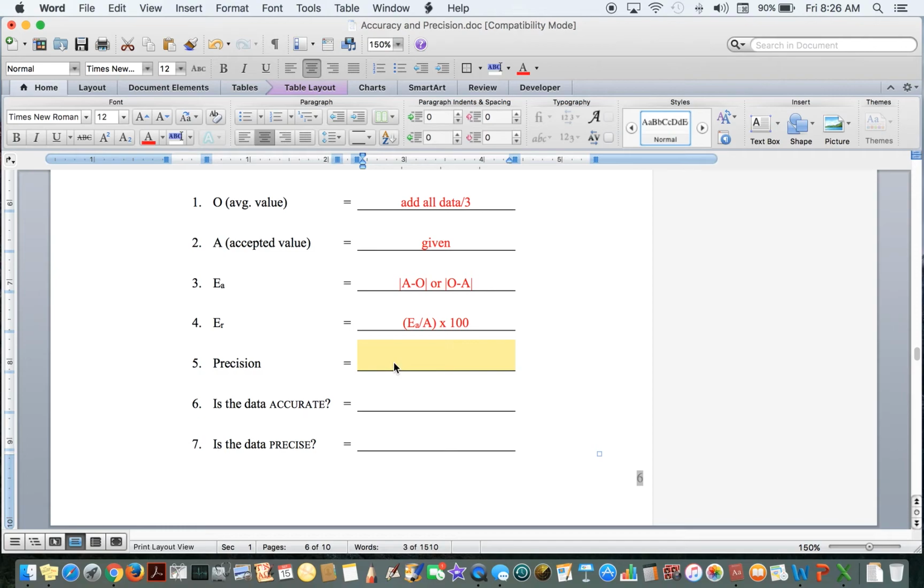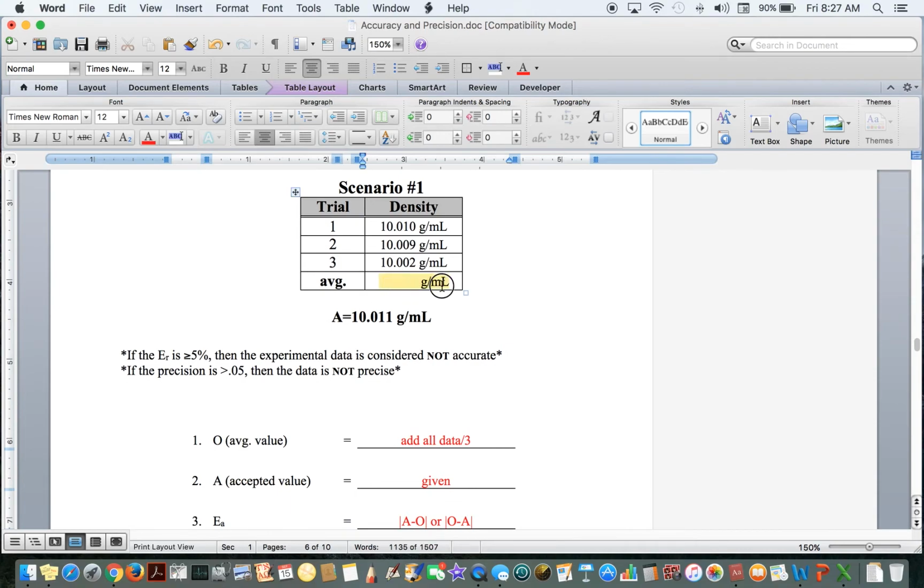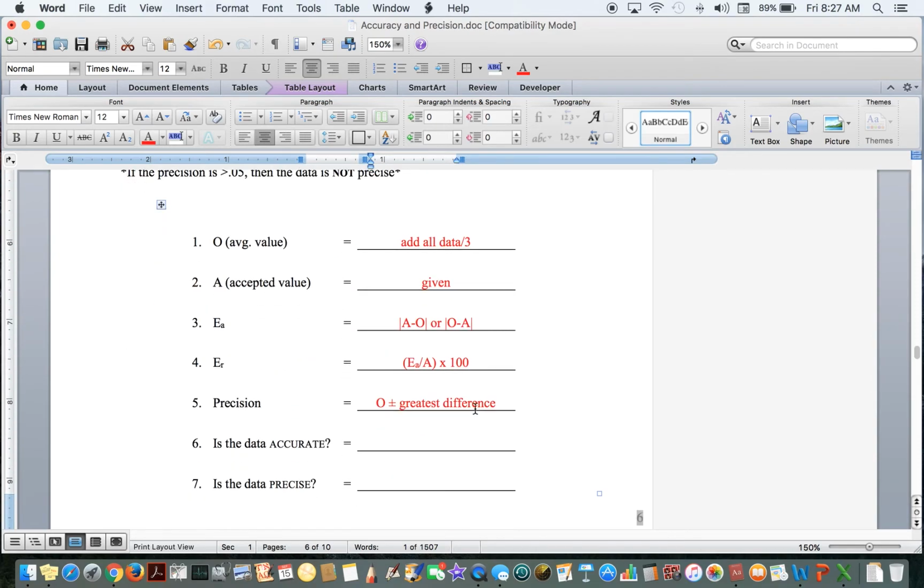And so when we write this out, it's going to be O plus or minus the greatest difference. So whatever that difference is, it's your observed value plus or minus the greatest distance. So we take this value here, and which value here is furthest from it, you subtract those two values and put the difference, the greatest difference.